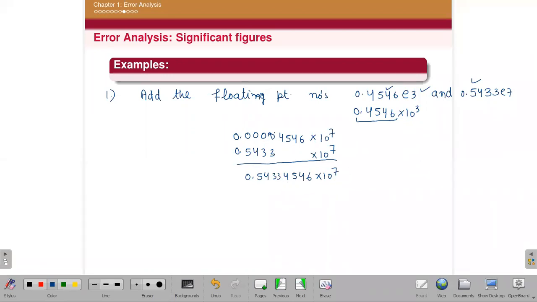Now your final answer will be like 0.54334546 times 10 raised to power 7. It is not mentioned whether you have to do rounding or chopping. I have to do rounding now. So I simply take 0.5433. So this is the addition of these two numbers. Now you can see if I am adding this number to this number, I'm getting the same number.